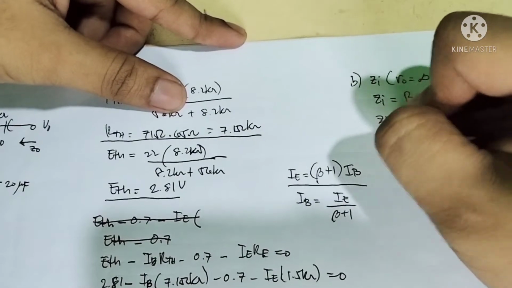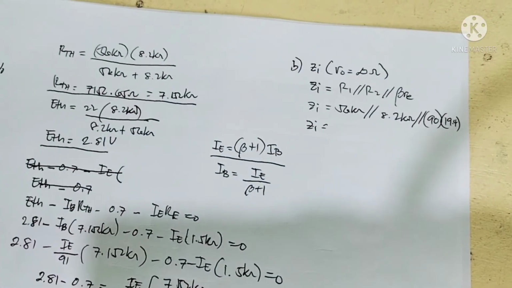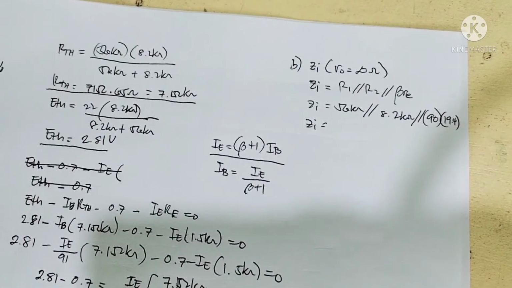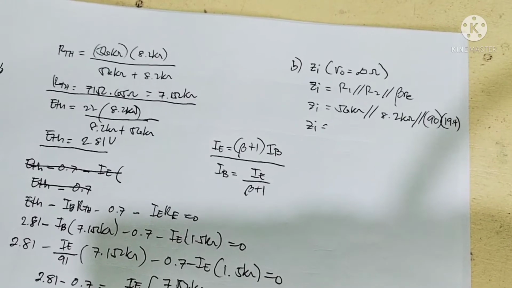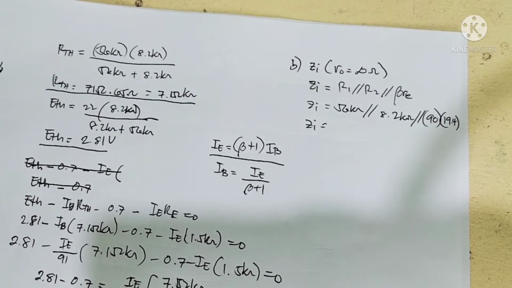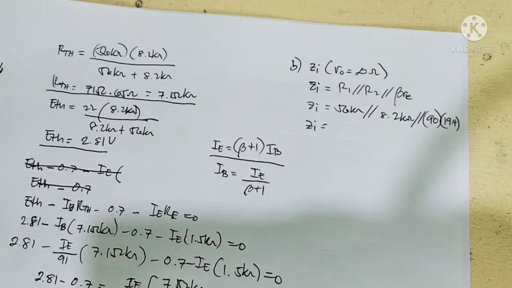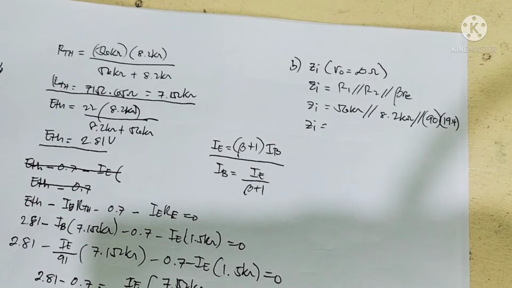Use your calculator: 1 over 56k plus 1 over 90 times 19.4.